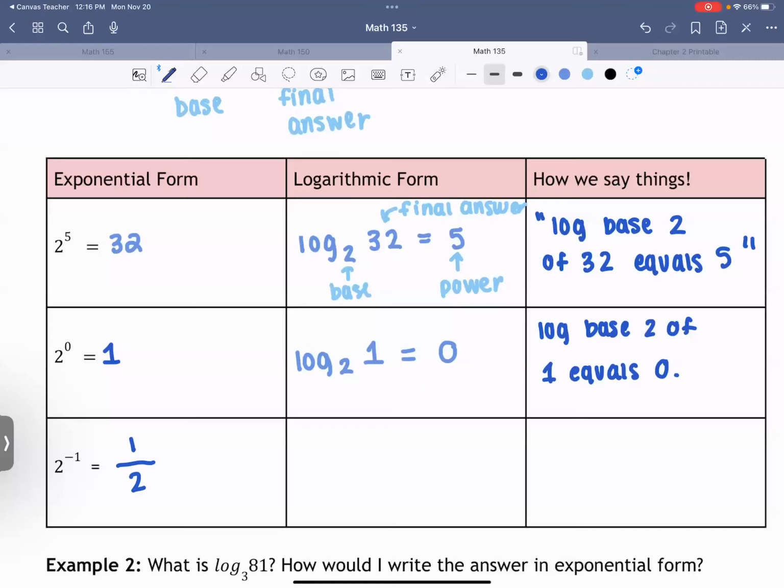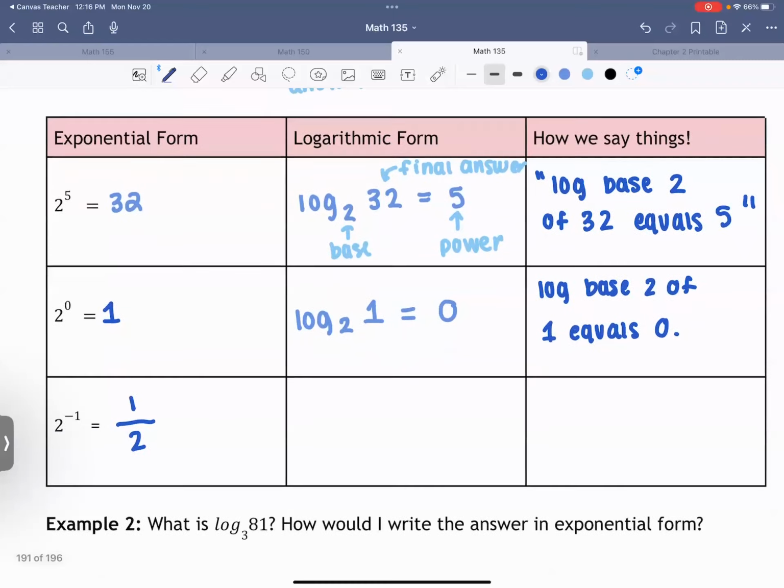So negative exponents just give us fractions. Now, if you wanted to write this using log notation, I'd say log base 2 of 1/2 equals -1. I put parentheses around the 1/2. You really don't need to, but when you have a fraction, it's kind of hard to see the difference between the base and what you're taking the log of.